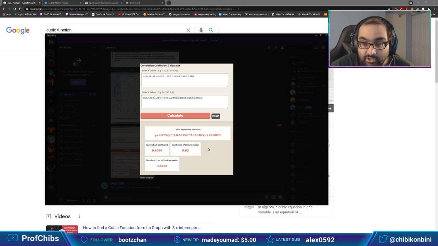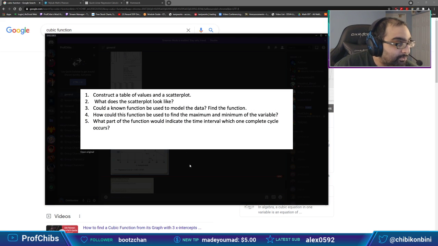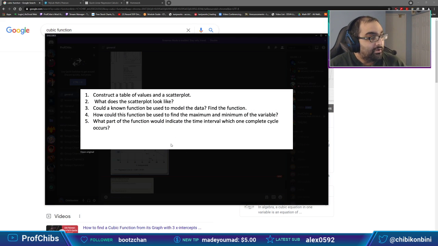Not sure on the cubic function because I'm doing temperature over the past 12 months. Shouldn't it just repeat itself then? Well, in relation to that, if we go back to our questions here, that would kind of be indicative of number 5. What part of the function would indicate the time interval in which one complete cycle occurs? That would be over the 12-month interval. So part of the function would be the x.